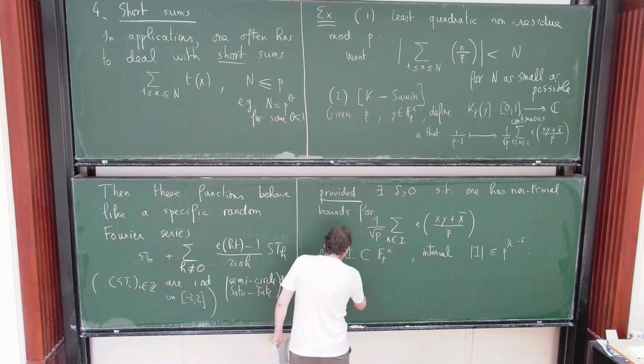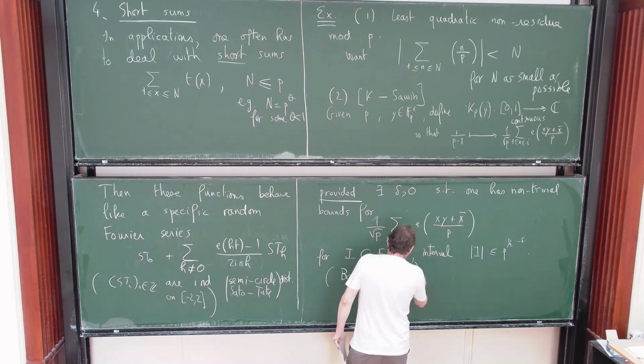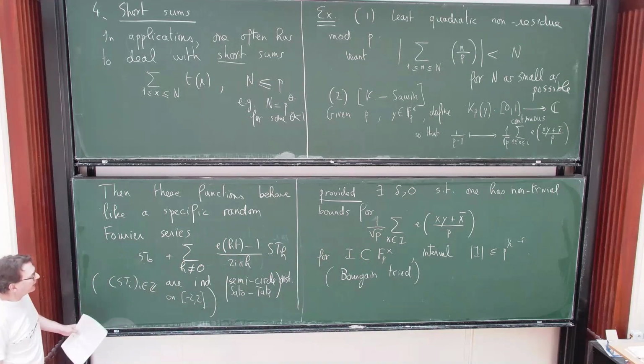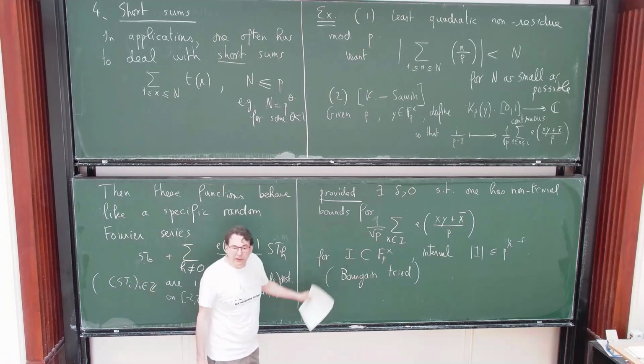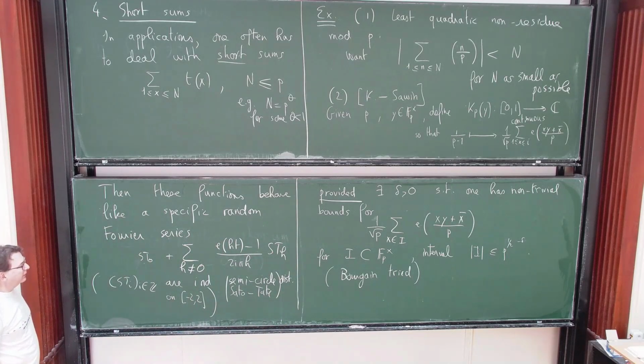I don't know how he tried, but he sent me some email where he did some variants, like if you average over p a little bit or things like this, then you could make it work. But for a fixed prime, this sounds like a very, very hard problem.